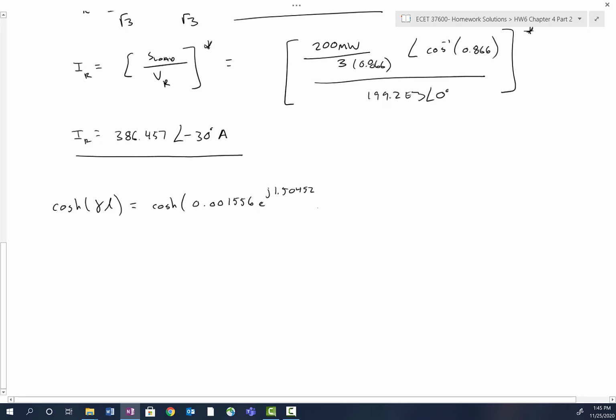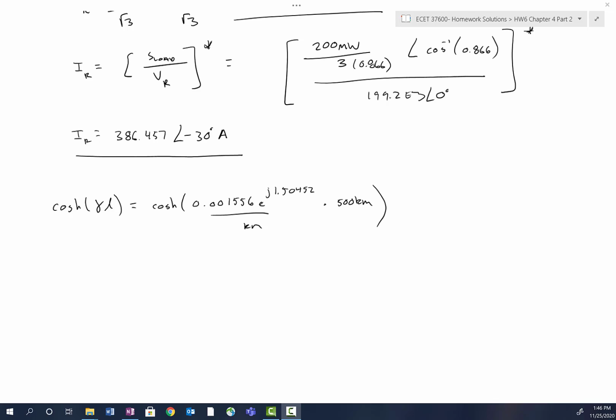That's in the exponential phasor form, and remember that was per kilometer. And now I need to multiply by the line length in kilometers for this problem, I think it was a 500 kilometer transmission line. So you can see the kilometers cancel out in this multiplication, and we're left with no units as the argument for the hyperbolic cosine. So you want to go ahead and throw this in your calculator.